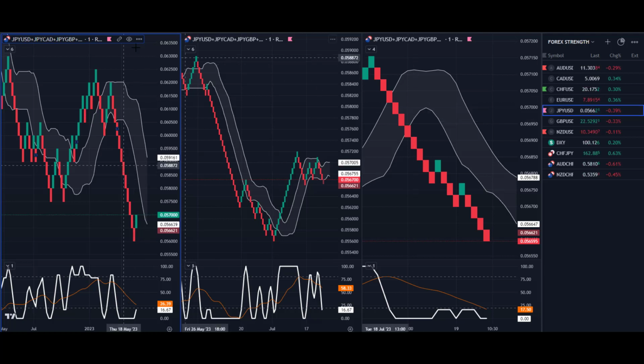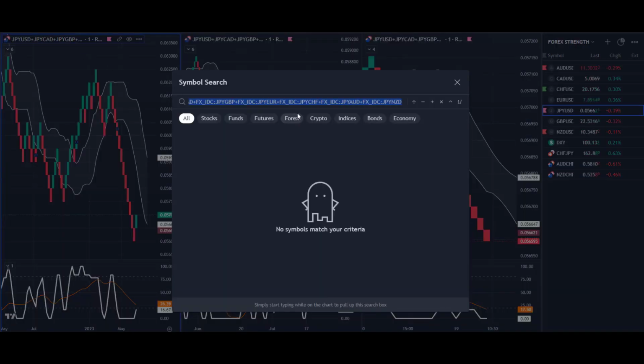So we're going to look at the Japanese yen, go up into that top corner, double click, and basically all I've done here, and I'll show you how I did it, is simply go through the major currencies, putting JPY first, and then as you can see in this combination I added them together to give it a basket strength, and we've got US dollar, Canadian dollar, GBP, Euro, Swiss franc. It's really simple, and then you just hit return after creating that and you've got your own one.